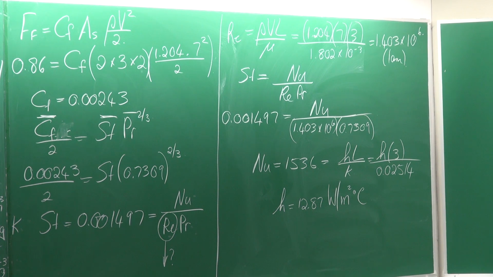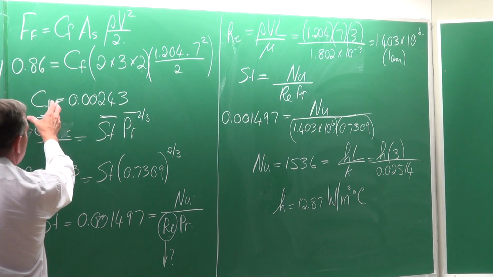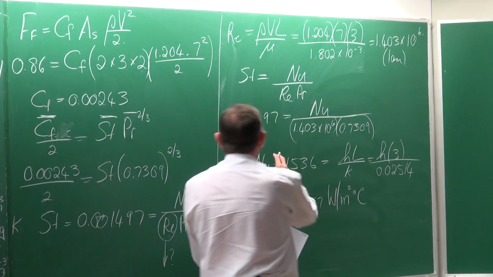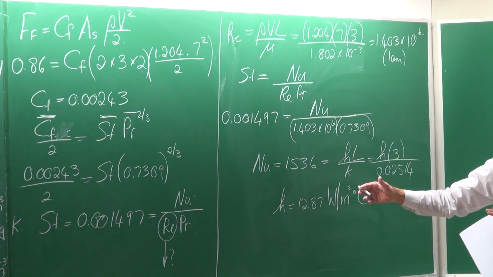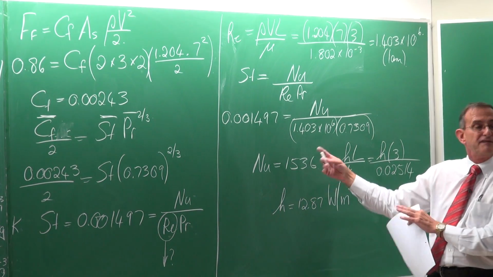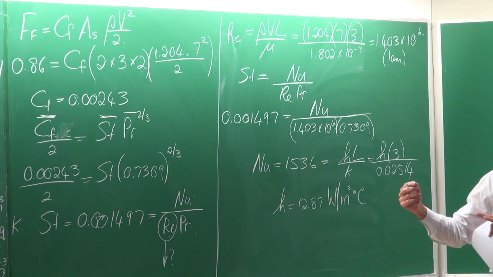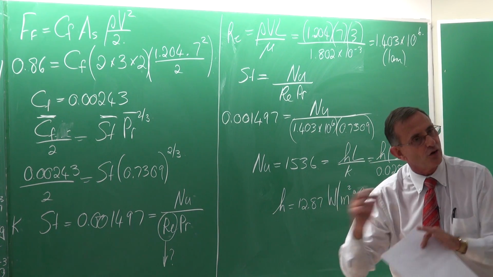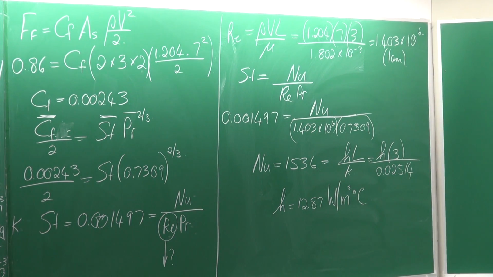Thus, this analogy tells us that if we do fluid mechanics experiments, we get the friction factor, then we can get the Nusselt numbers. Or we could have done heat transfer tests to determine the drag coefficient, the other way around.